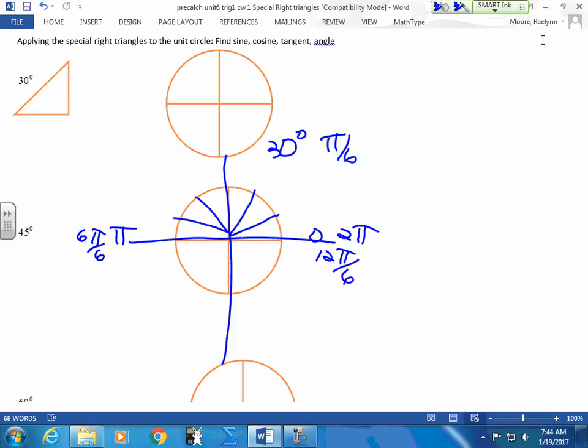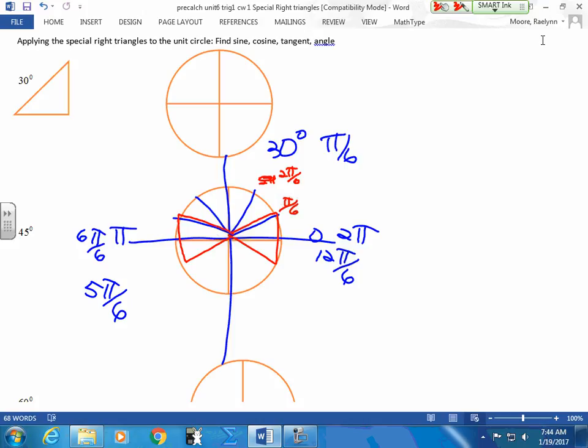So if I ask you now, where do I find 5 pi over 6? What quadrant would you tell me? The second one. And my 30-degree angles are only going to be right here. Because what are these guys up here? 60s. But I can still count them. Pi over 6, 1 pi over 6, 2 pi over 6.